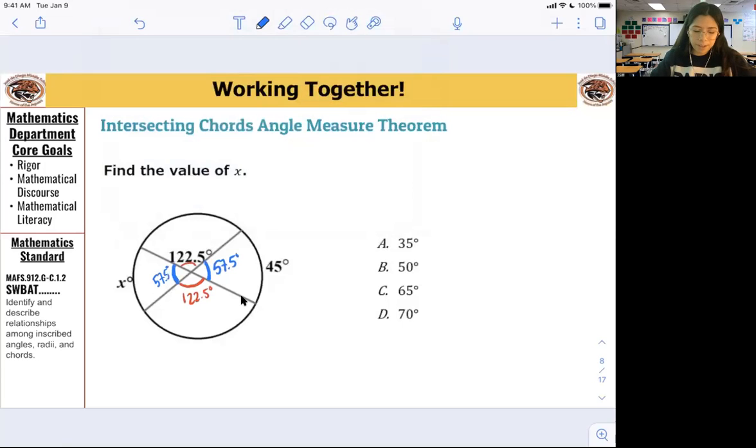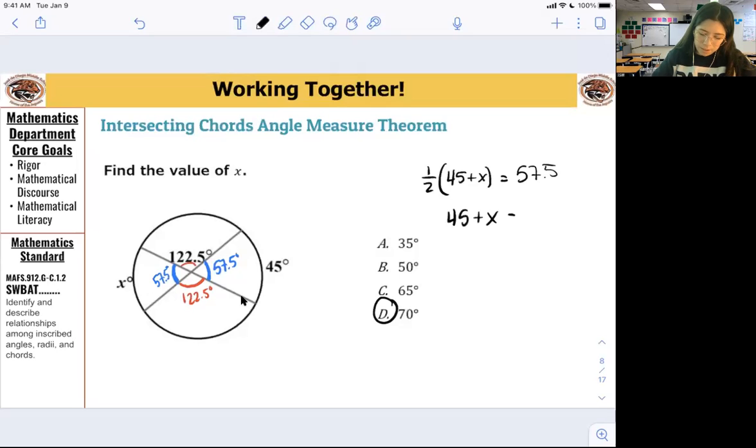So now I have everything I need. Now I know that 1/2 of (45 plus x) equals 57.5. And the only answer choice that works out is answer choice D. Because if you try to do it backwards, so now I have to multiply 45 plus x times 2, what's 57.5 times 2?